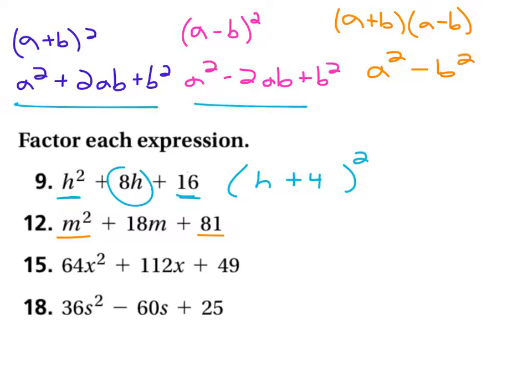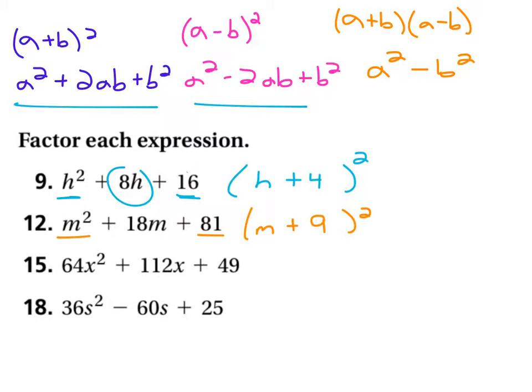This middle term is also positive. That means that we should guess that we're going to be dealing with something plus something, squared. So the first term, m squared, square root it, m. The last term, 81, square root it, 9.